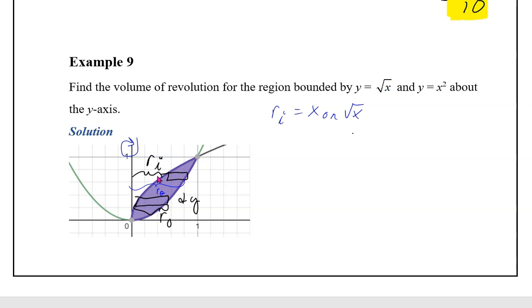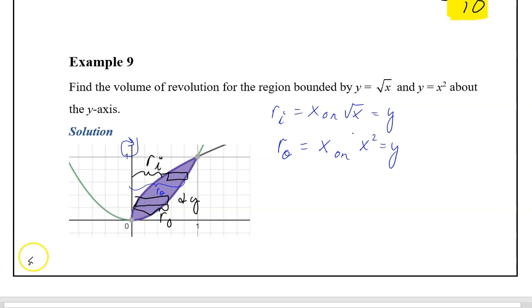This gives us our outer radius. In this case, we can see that our outer is in fact the x value on the other curve, which is y equal x squared. We can then solve this equation for x to get the x value on this curve.